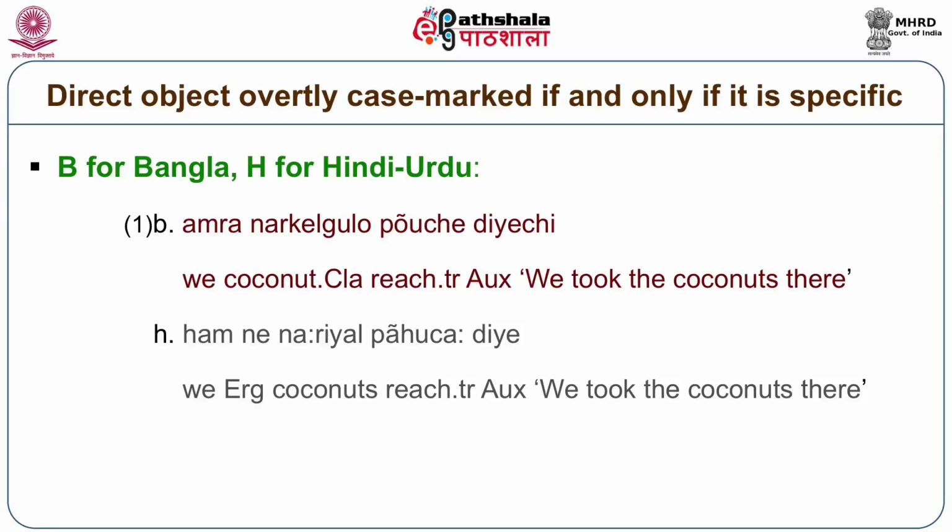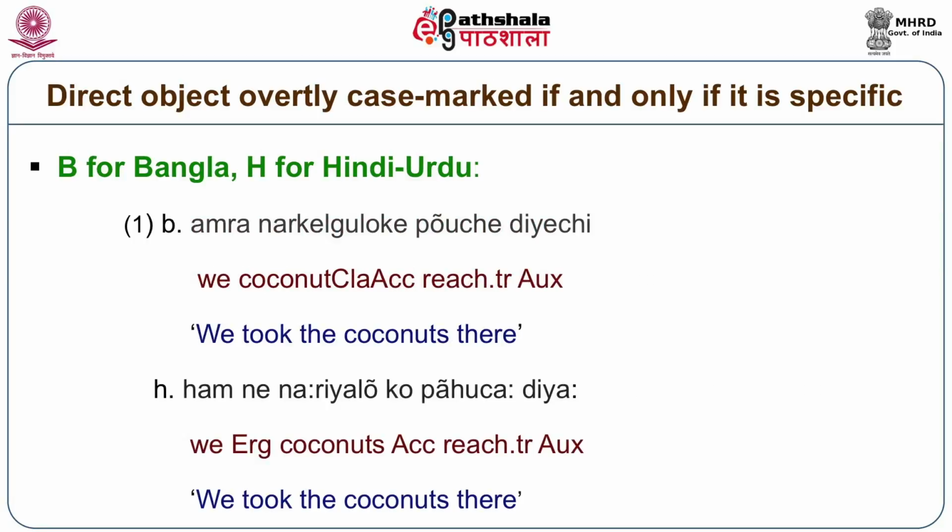In Hindi Urdu, you have an additional contrast. The contrast between Hamne nariyal pahuncha diye, where nariyal, coconuts, does not carry an overt case marker, and Hamne nariyalon ko pahuncha diya, where nariyalon ko carries the case marker ko, is not the only formal difference between the two.